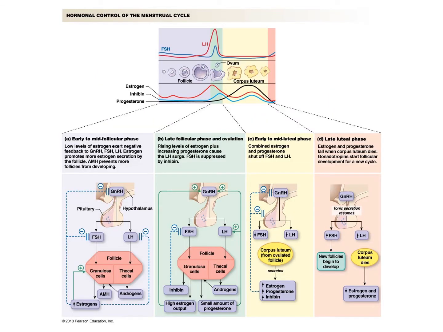So as you can imagine, all of this has got the HPG axis that controls the GnRH molecule, and the FSH and LH secretion, and finally, the specific follicles and their activity.